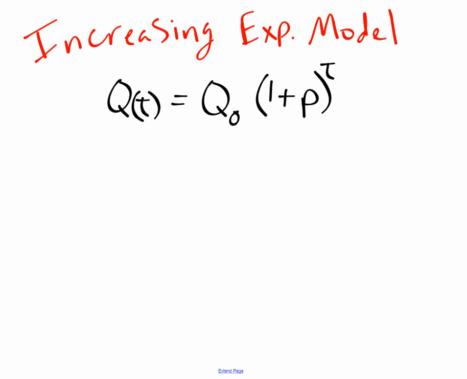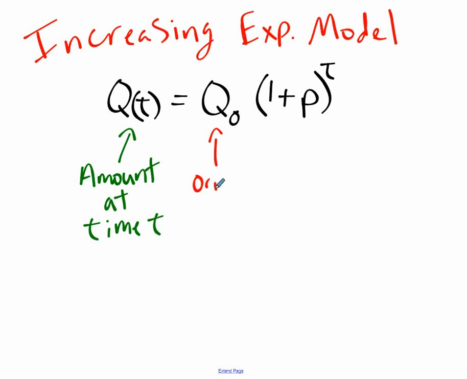So just to make note, Q of t is the amount at time t, so whatever time you're looking for. Q naught is the original amount, the starting part. This is when t is 0, before any time has passed, what you start with. And p is the percent increase.